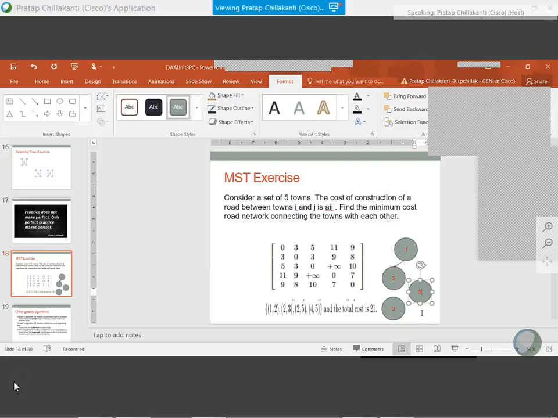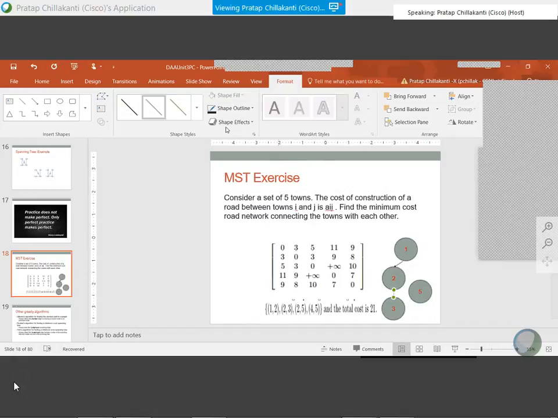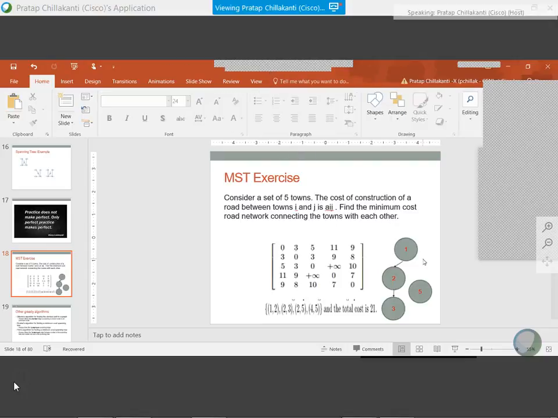There's a line there. For some reason, I'm not able to select the line. No clue why I'm not able to select the line. There it is. Okay. So I have a 2 to 3 line. Come on, I selected the line and it did. Okay. Shape outline, same thing, black. And then I have a 2 to 5 line.